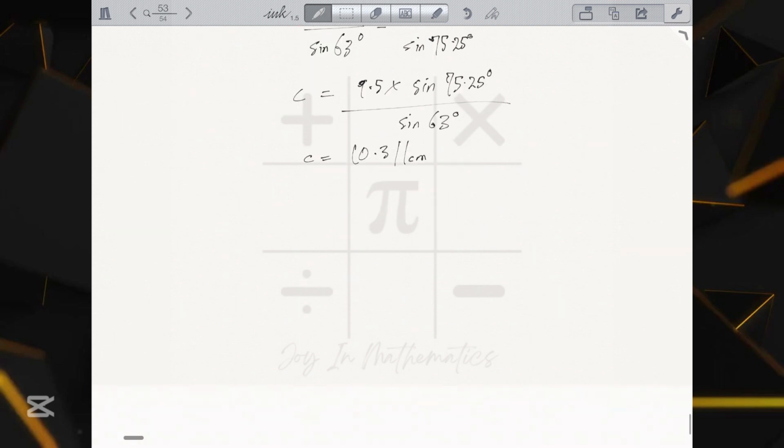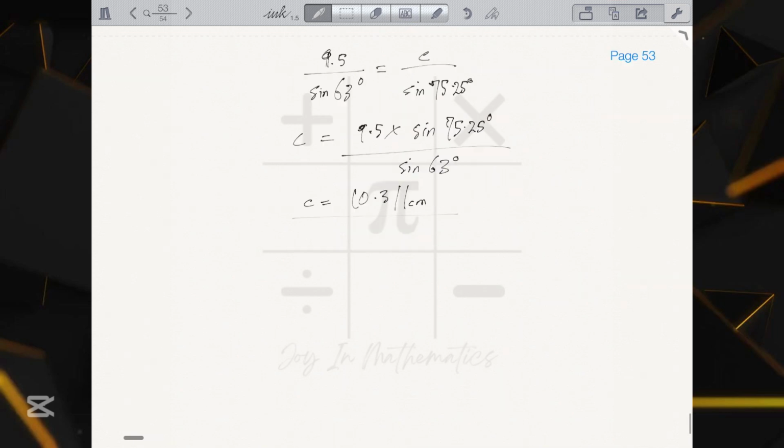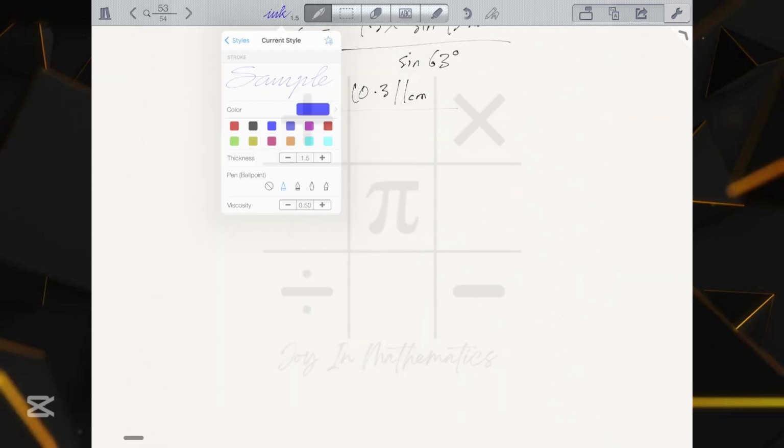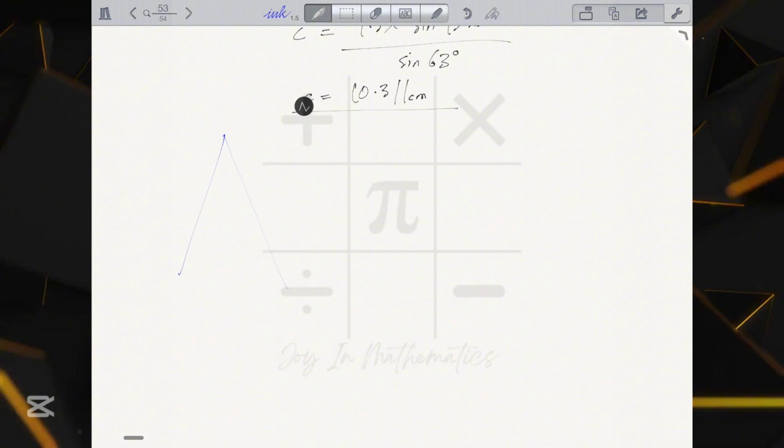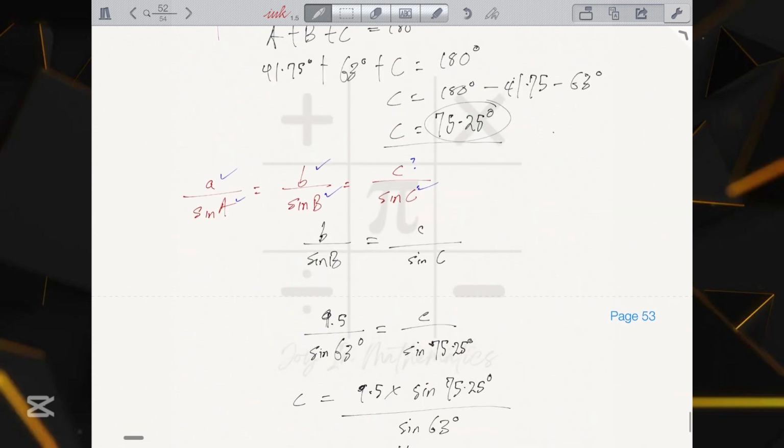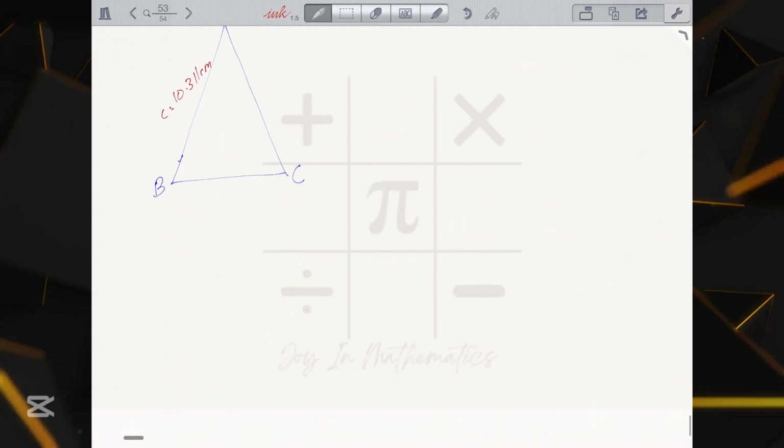Now we are able to solve it completely. So if we draw the final diagram of the question, we will have lengths A, B, and C. We were able to solve that C is equal to 10.311 centimeters. Likewise angle C is 75.25 degrees.